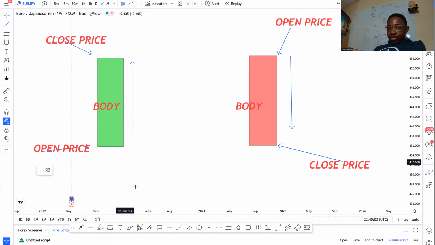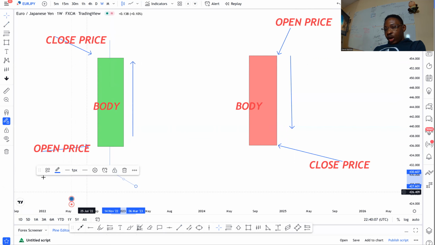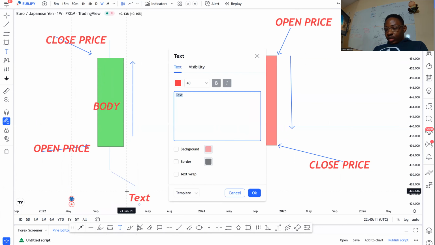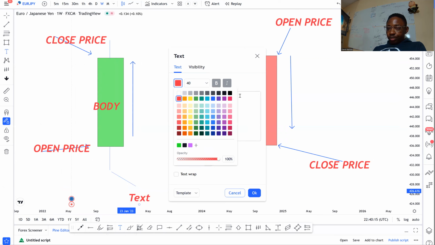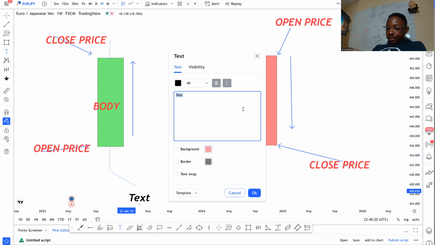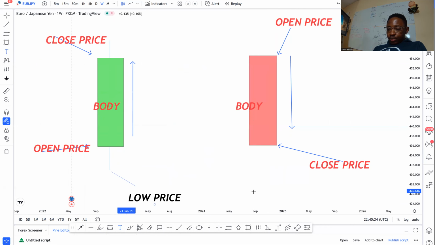And because this is a lower point that the price came to, we call that lower point the low price. Let me change this color. We call this low price. Here too, it's the same thing.